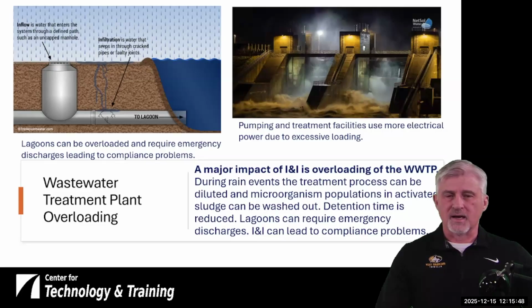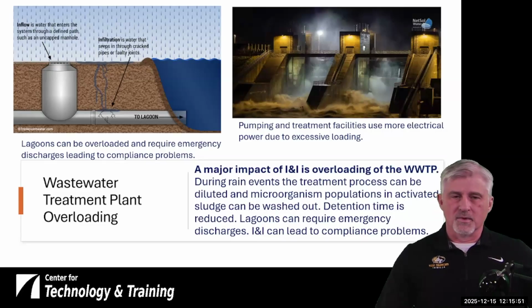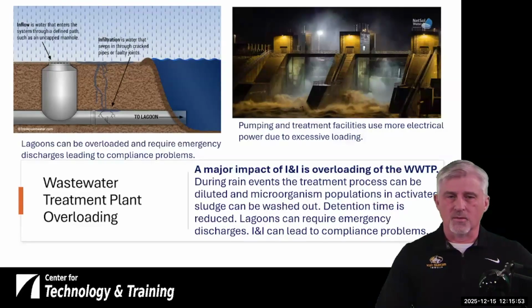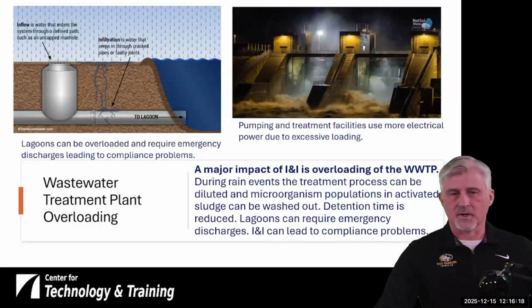We see the figure on the top right. It looks like there's just a whole lot of water coming through. And when that happens, we end up having to use more electricity. Our costs go up. The potential for that plant to be overloaded occurs, and some of the other impacts to a wastewater treatment plant can be that we're washing out our microorganisms.